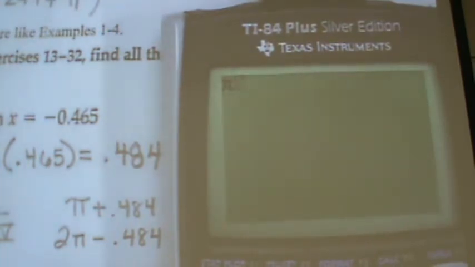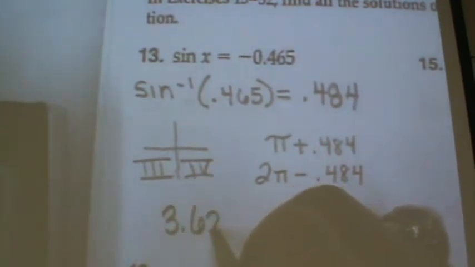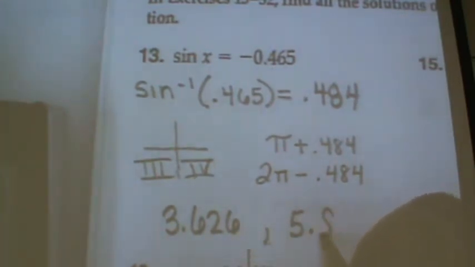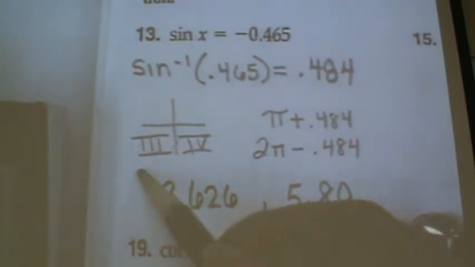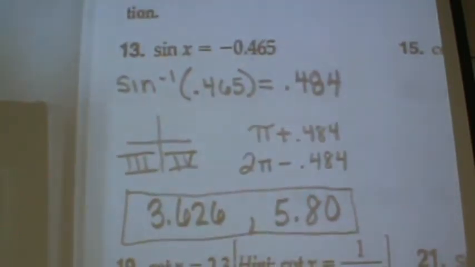So pi plus 0.484, that's one answer, and 2 pi minus, those are two answers. So 3.626 and 5.80. And then if it says find all, you write plus or minus 2k pi.